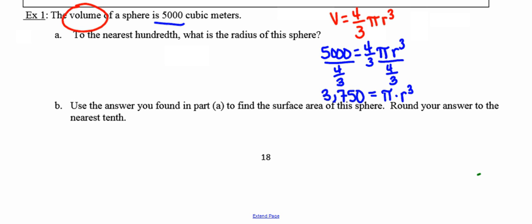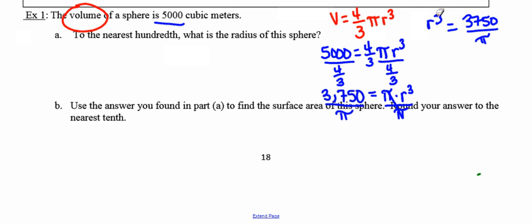So that's looking a little bit better already because I eliminated the fraction. To undo multiplying by pi, I'm going to divide by pi on both sides. So now I have on the right side r cubed, and on the left side I have 3,750 divided by pi.